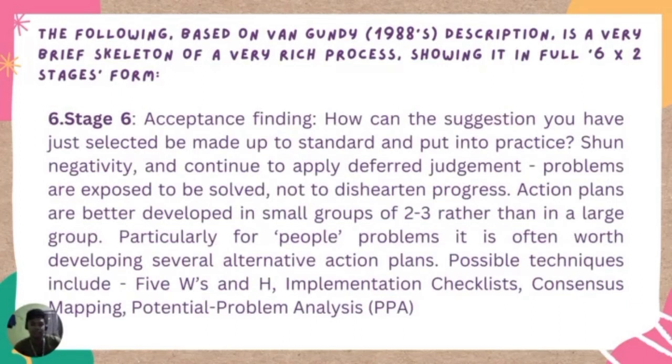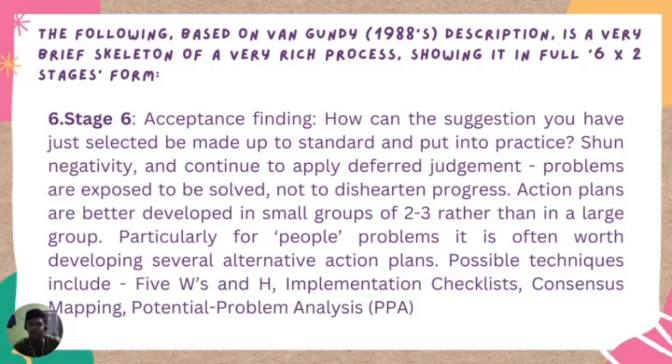Stage 6, acceptance finding. How can the suggestion you have just selected be made up to standard and put into practice? Shun negativity and continue to apply deferred judgment. Problems are exposed to be solved, not to dishearten progress.